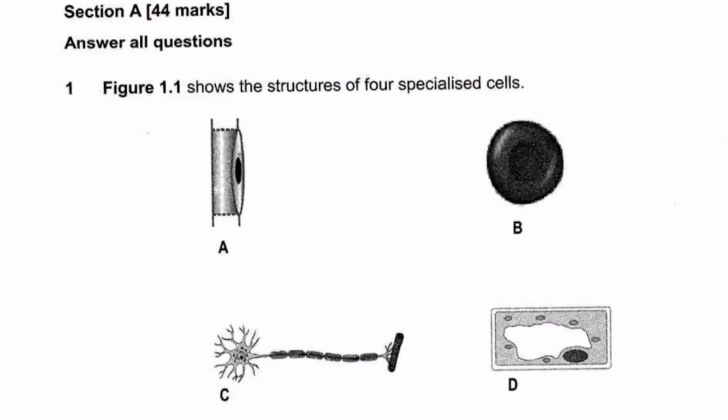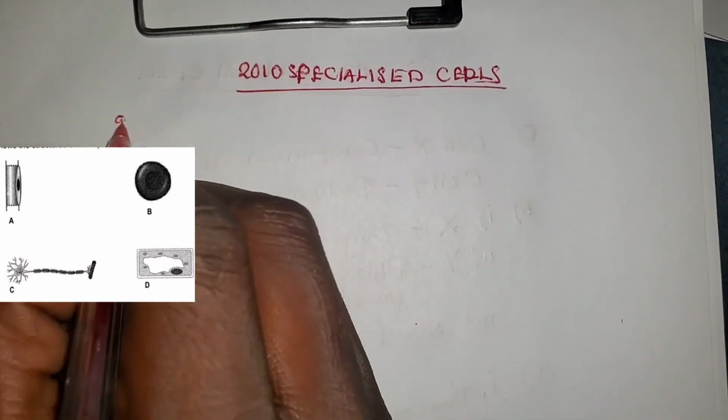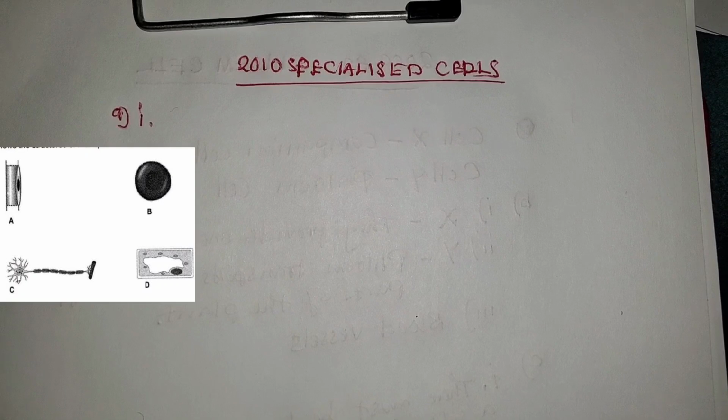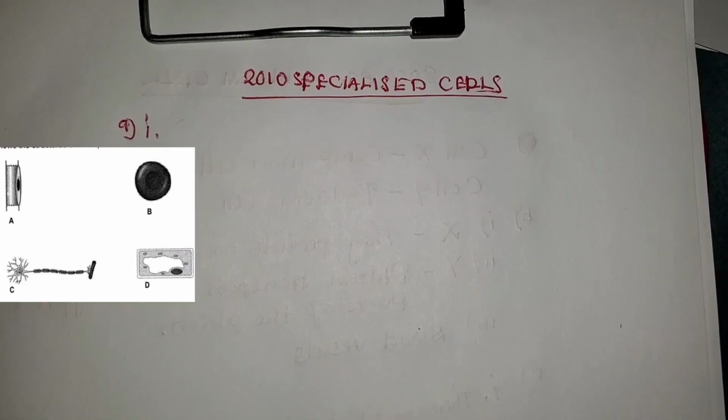So we are given specialized cells A, B, C, and D. We are asked, question A1, in the table, identify using the letters of the cells, identify animal cells and name them.